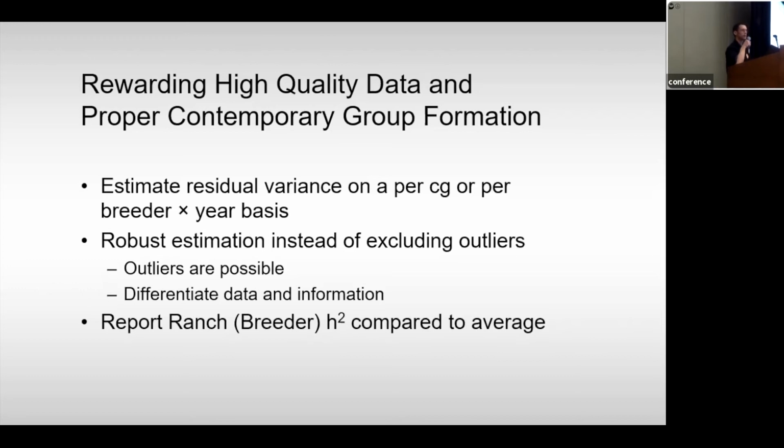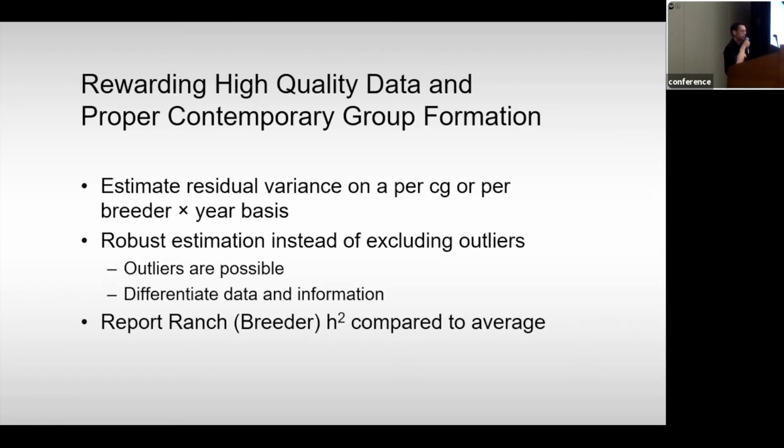We could report back within that class heritability and compare it back to the mean heritability, maybe of the breed, to give the breeder a sense for how good the data is. So this is a way that you could reward high quality data.